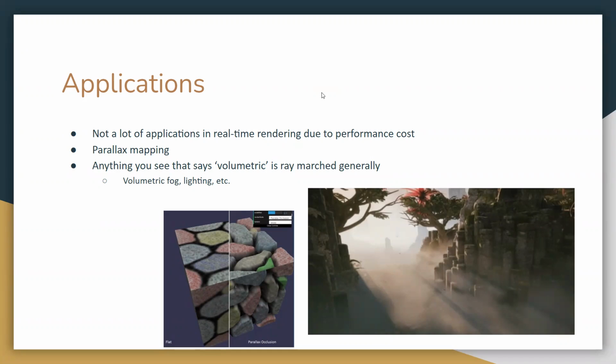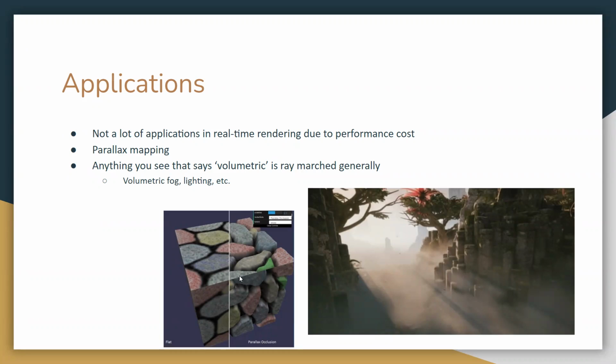So usually ray marching doesn't happen at all for video games, except for parallax mapping, which is a very common technique for stuff like bricks on a wall, because the ray marching algorithm would be less costly than the geometry it would take for a brick wall. That's demonstrated here. It uses this texture and imagines it as a volume, and then you ray march it and it creates this illusion of geometry, but it's actually still completely flat. It's very cool, I think.